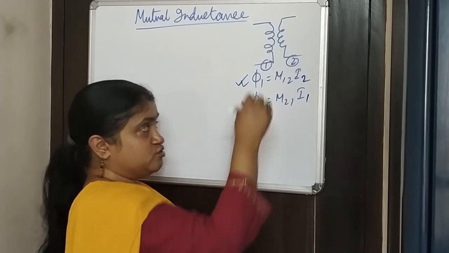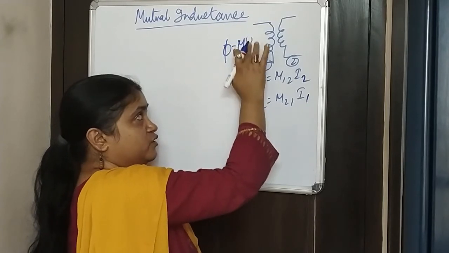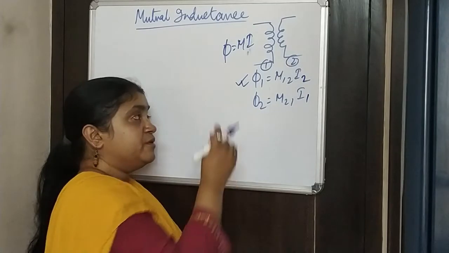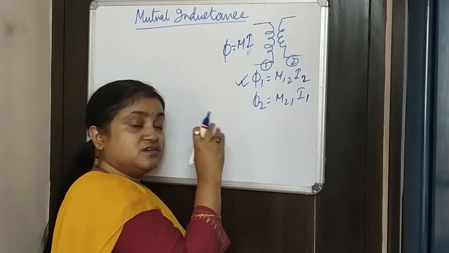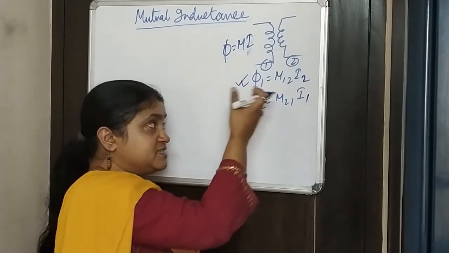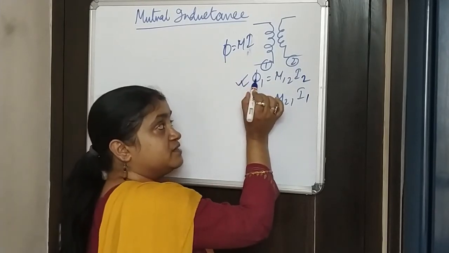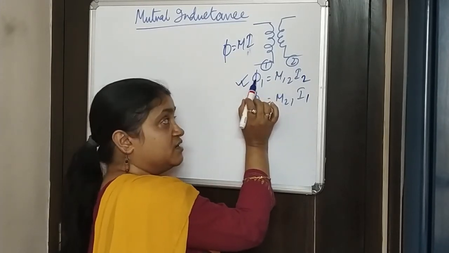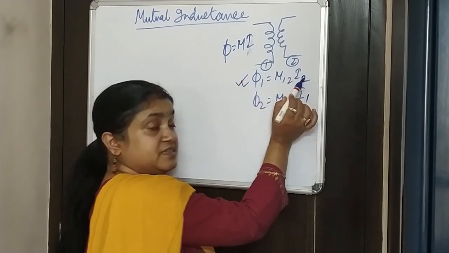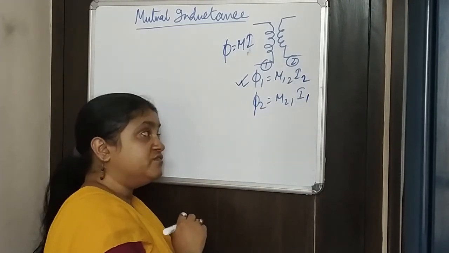In general my flux is M into I, and this doesn't change, but when we talk about two coils in detail, remember that the flux in the first coil is due to the current in the second coil, and the flux in the second coil is due to the current in the first coil.